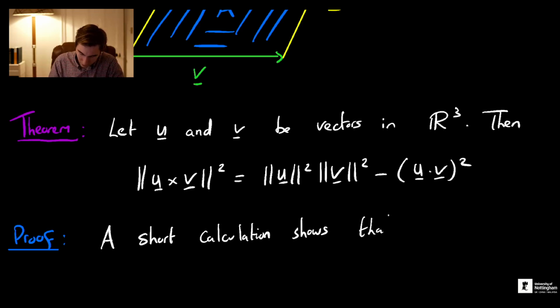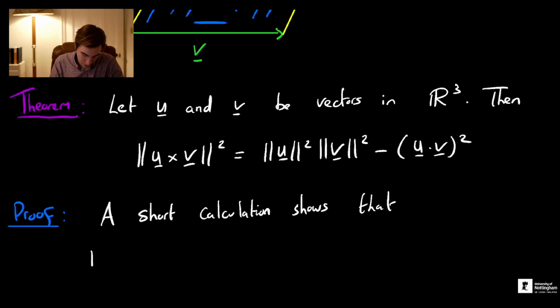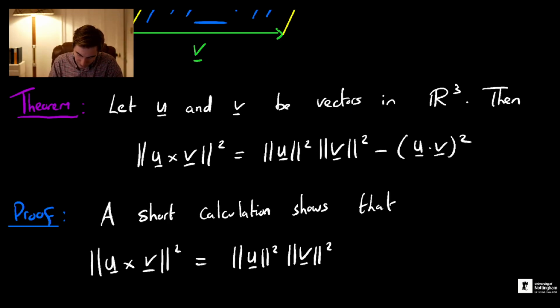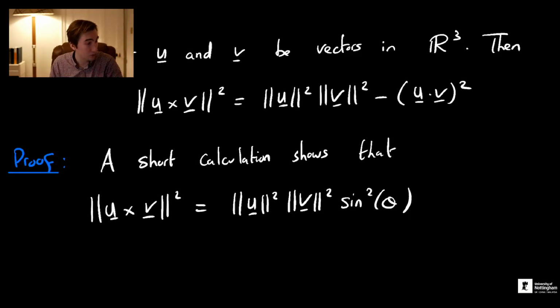This shows that, what do we have? We have that the norm of u cross v squared is, as we've just seen, the norm of u squared times the norm of v squared times sine squared of theta. Well, using some trig identities, we can write sine squared as 1 minus cosine squared.